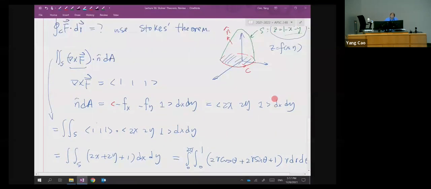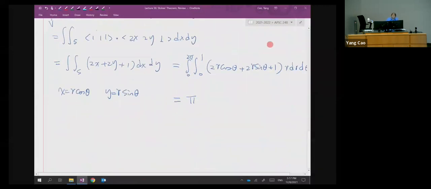If I call this a surface, let's call this surface S naught. So what would you do? Let's see, S naught is the surface which is x squared plus y squared equal to 1 and z equal to 0. That's how you define S naught.